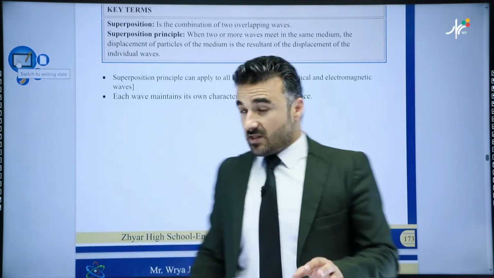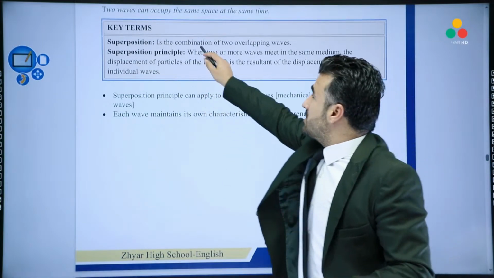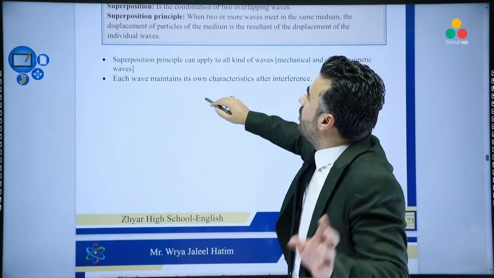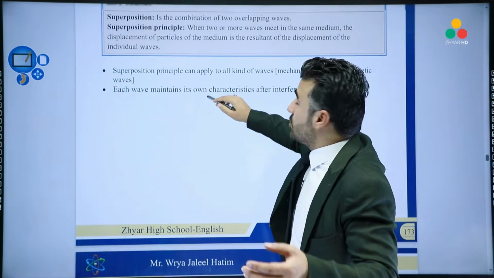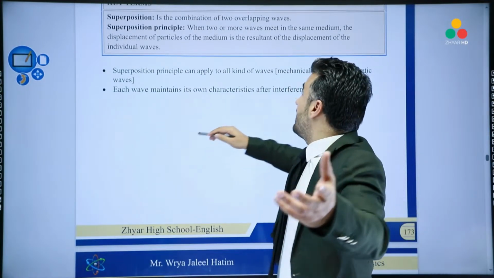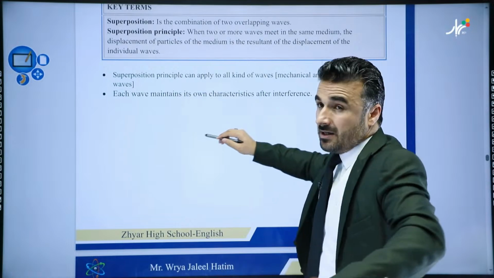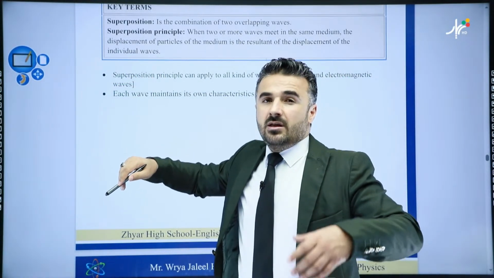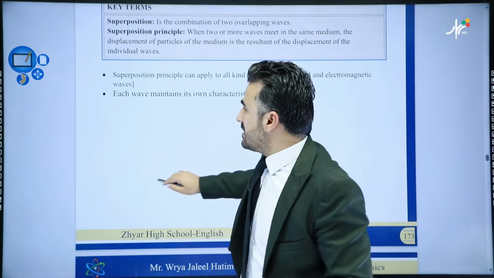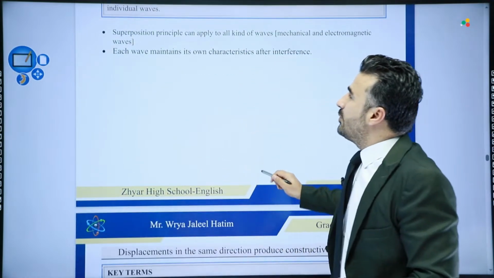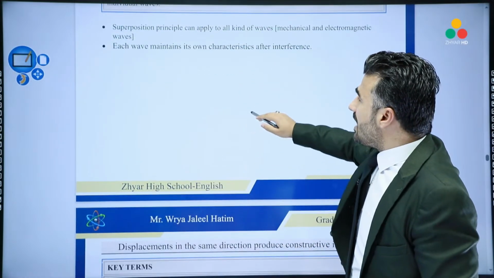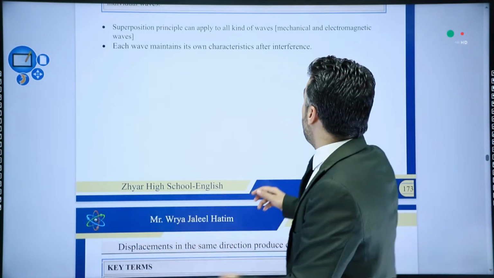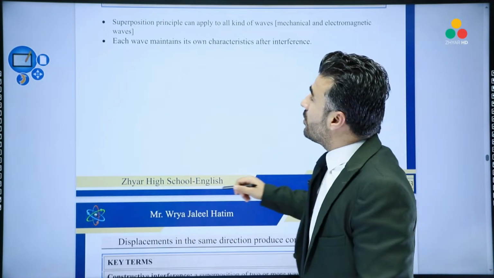Let's summarize this real quick. Superposition is the combination of two or more overlapping waves. That's one. The superposition principle is when two or more waves overlap, or meet in the same medium, the displacement of the particle is the resultant of the displacement of the individual waves. The superposition principle applies to all types of waves, whether mechanical or electromagnetic.